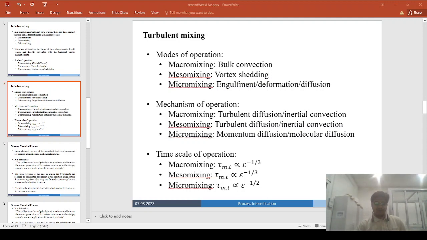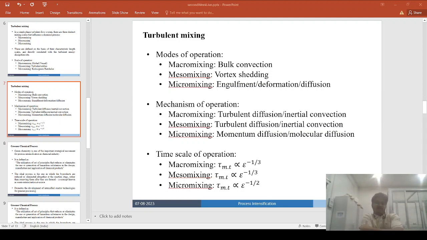So now coming to a detailed discussion of each of those scales, macro mixing involves mixing on a macroscopic scale, which refers to the scale of the vessel or the reactor.